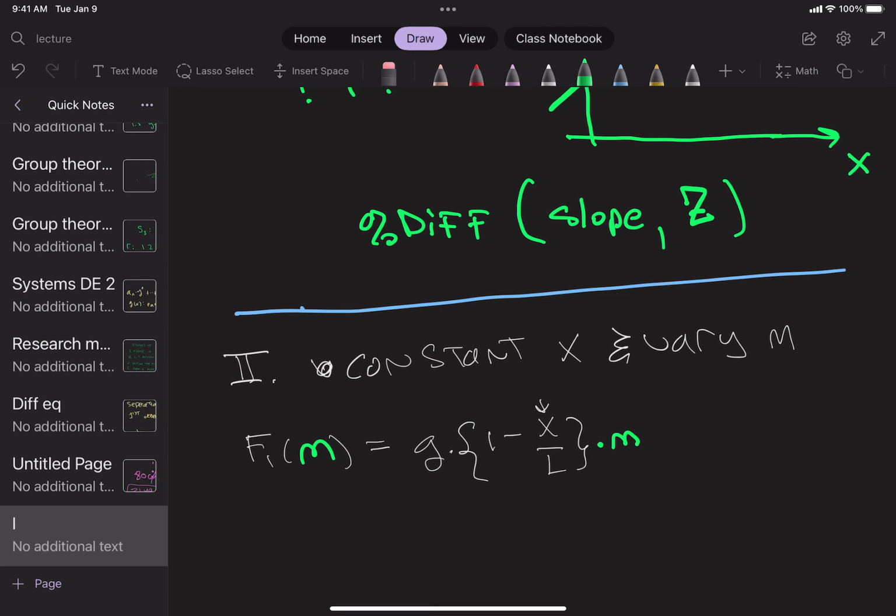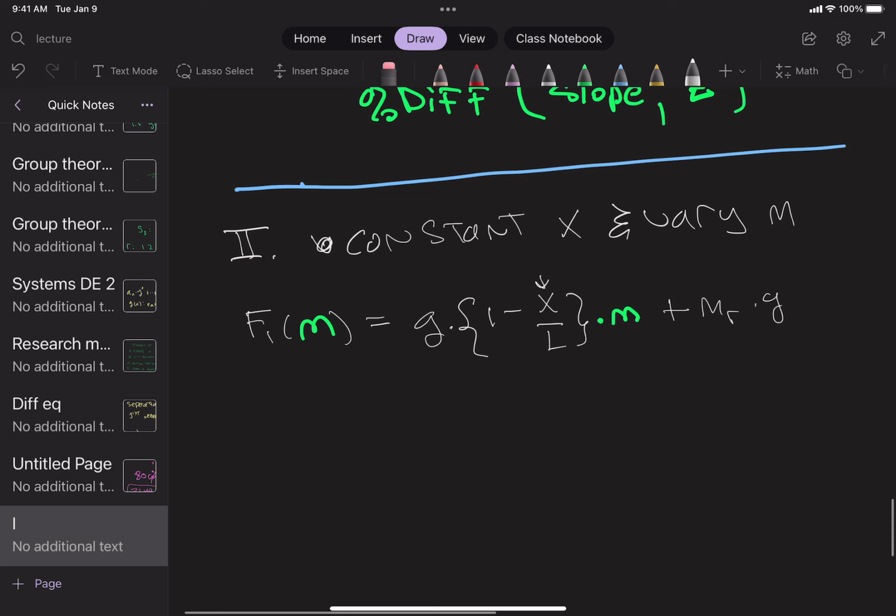And there's also a y-intercept, which is going to be plus mass of the ruler times g. So again, if you compare this with a standard slope equation, this is going to have the form y equals the slope times m. So here the slope is going to represent this whole thing.